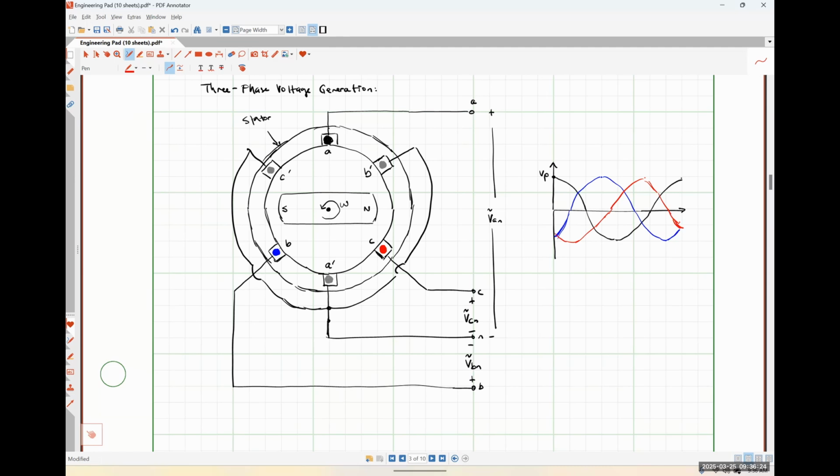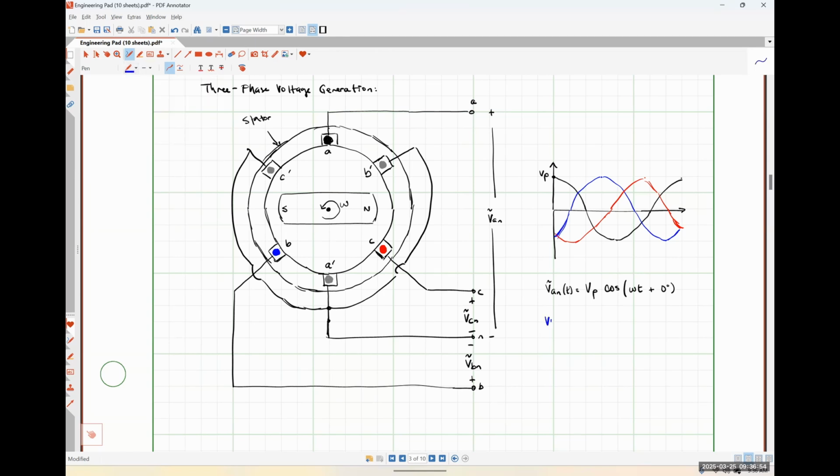So we're going to have these three voltages all sinusoidally oscillating, and they're going to be exactly 120 degrees out of phase with each other. So in the time domain, we might have VAN as a function of time would be VP times the cosine of omega t plus 0 degrees.